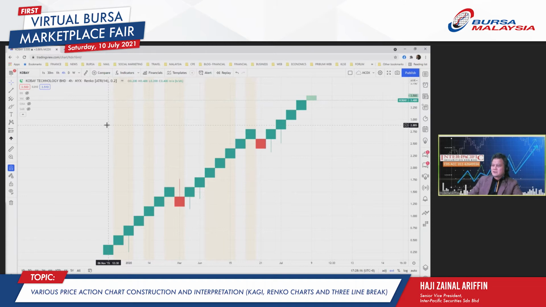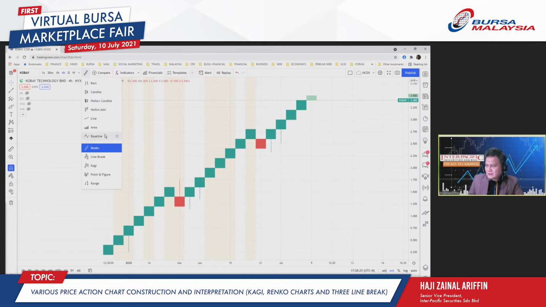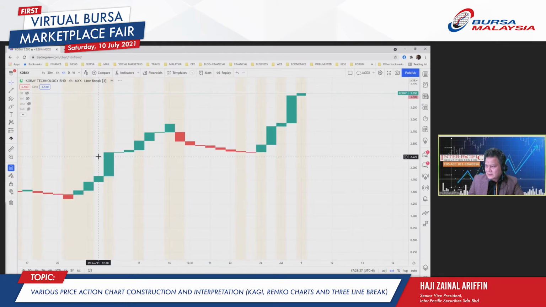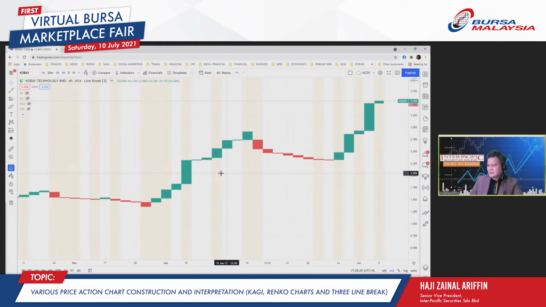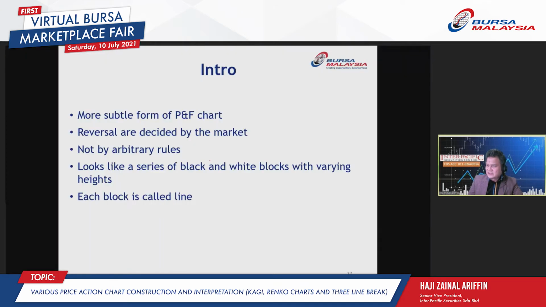So this is how to use this Renko. Now we go on to line break. Before we go there, let me finish this line break first, so after that we can see the chart and all that.